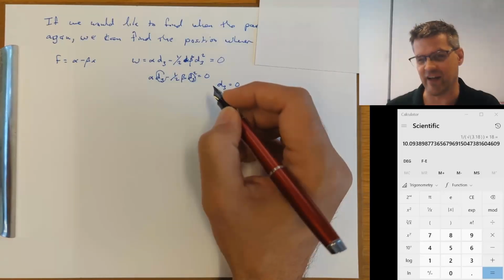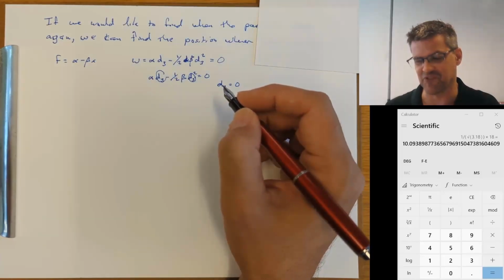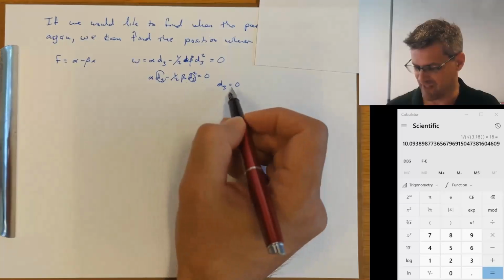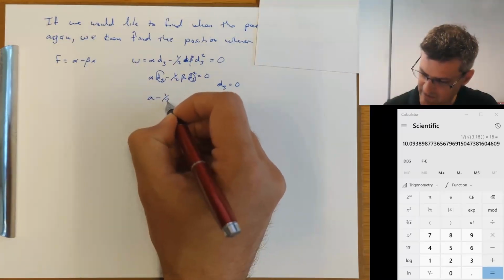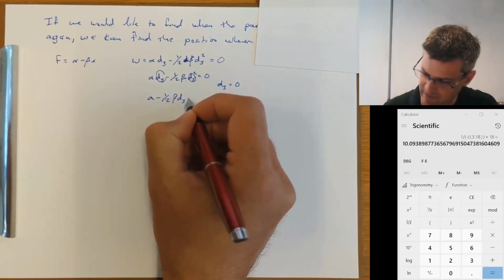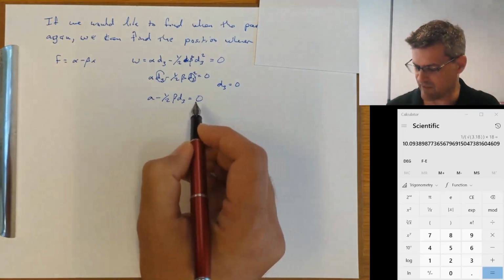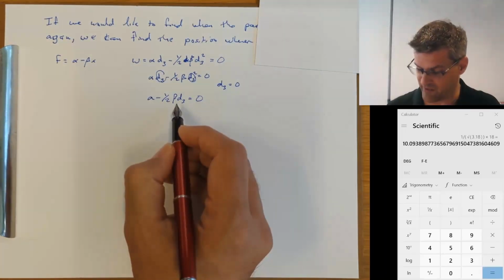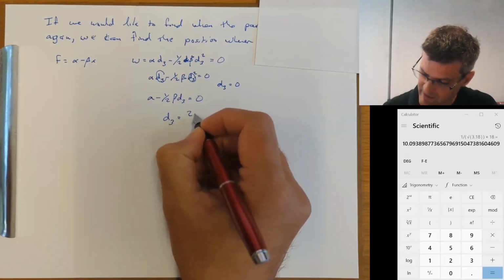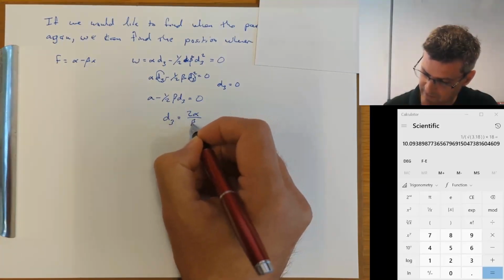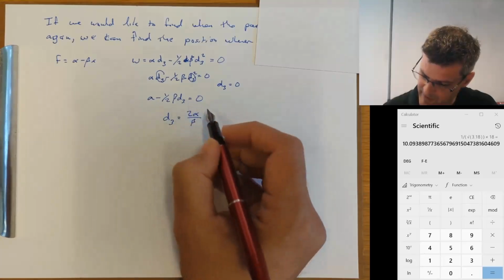It started at rest, started with 0 work. That's what that means. So taking that solution out of the scenario, we still can find one other solution for d3. And we'll see that that is d3 equals 2 alpha over beta.